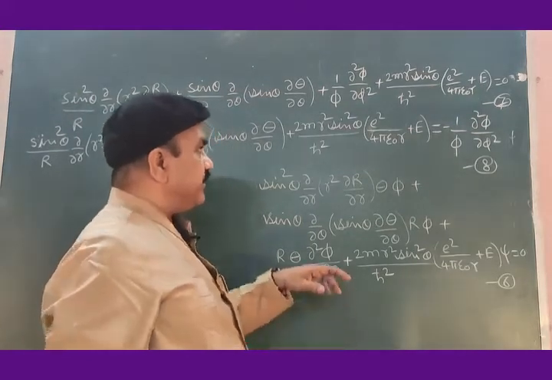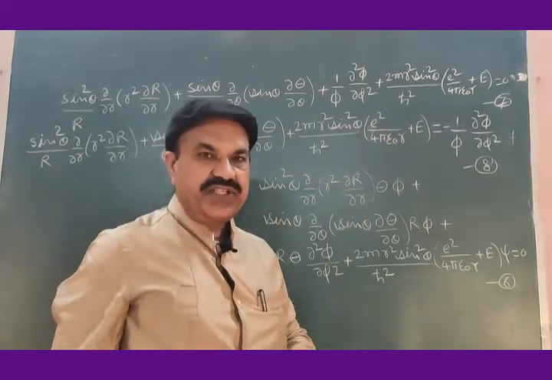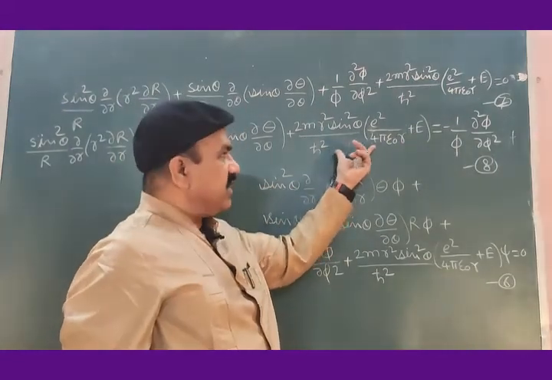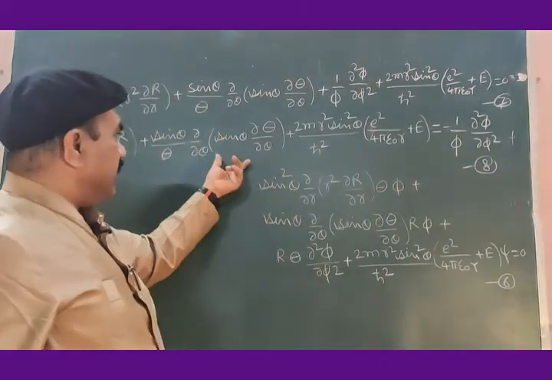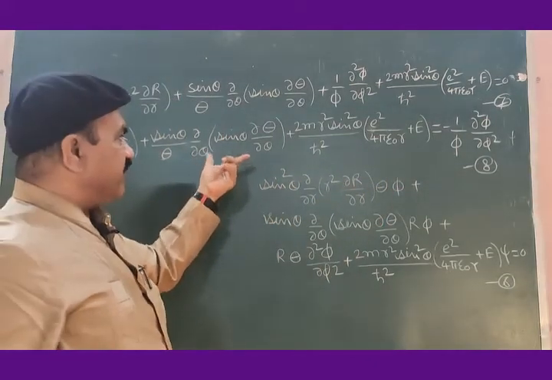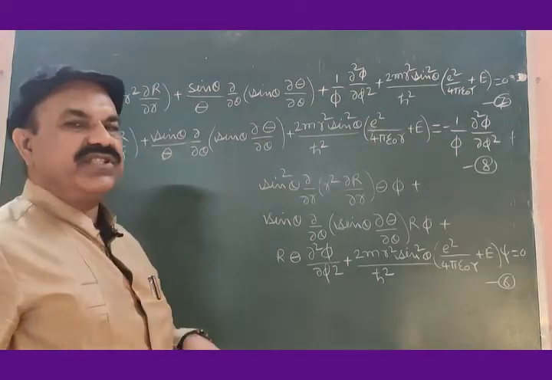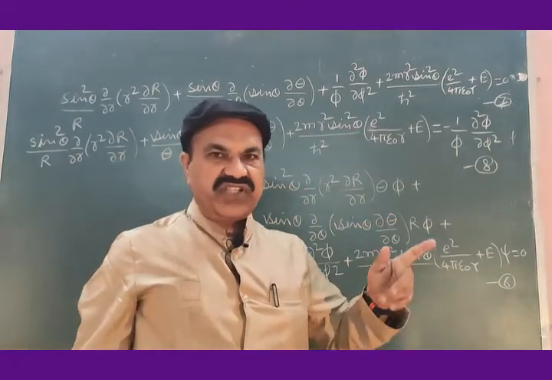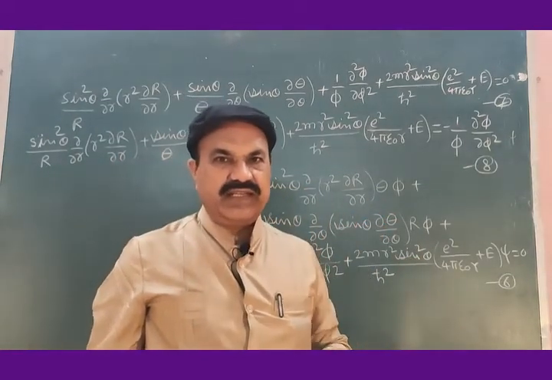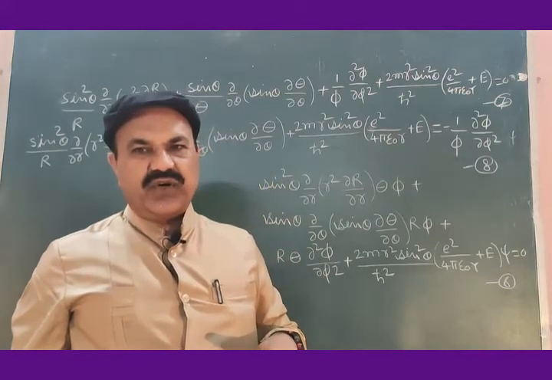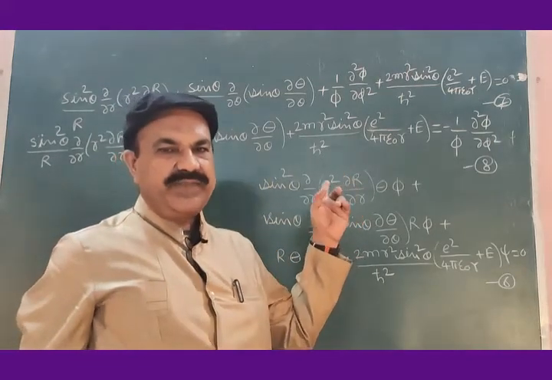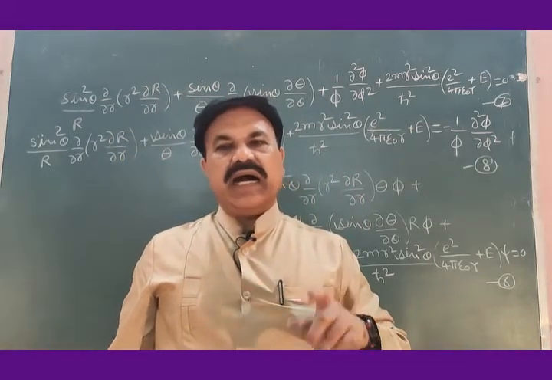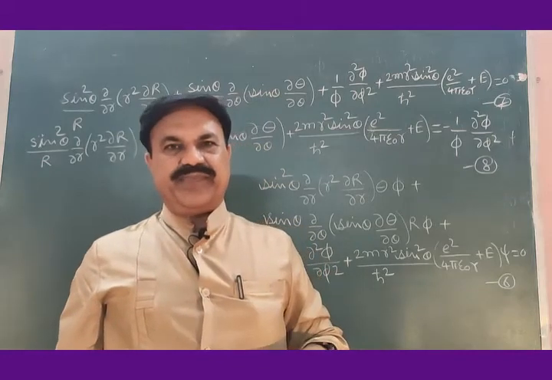We find that the term on RHS is a function of only phi, whereas this term is a constant term. The second term is a function of theta only, the first term is a function of r only. It means that RHS of equation 8 is a function of only phi, whereas on LHS, out of 3 terms, the last term is constant and the remaining 2 terms are functions of r and theta.